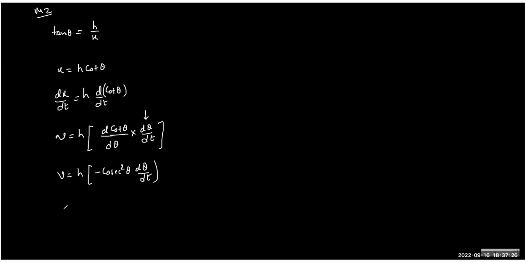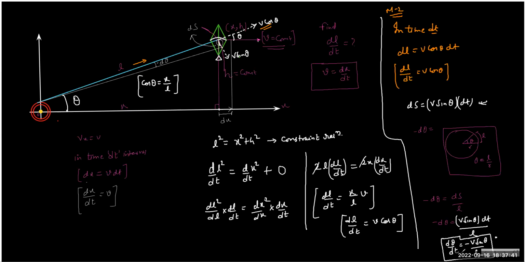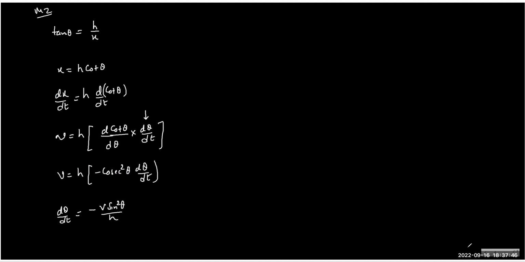And we are done. So what we are getting is d theta by dt equals minus v sine square theta by h. Now you may say that, sir, your answer is different from this answer. No, this is the same answer. In this answer, what we have is L. What we have here is H. You can always convert.